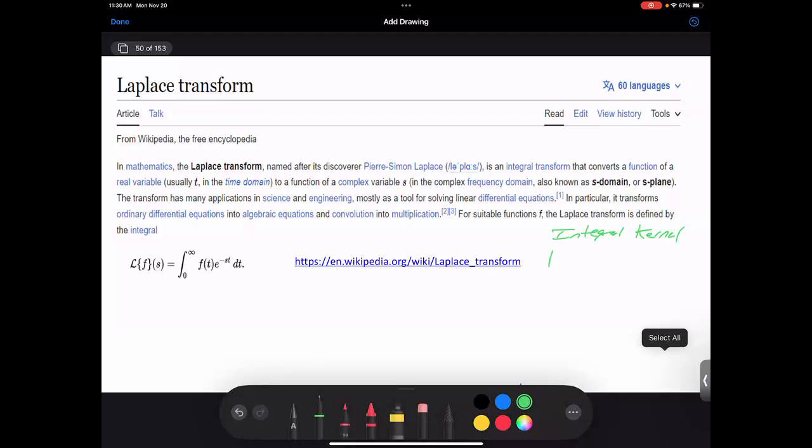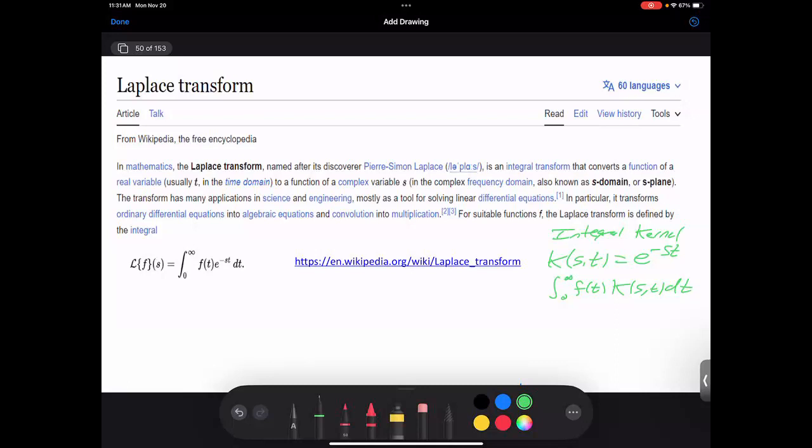And here, my integral kernel k of s,t is e to the negative st. So what I really have is the integral from 0 to infinity of f of t k of s,t dt. We've seen stuff like this before when we did the approximations to the identity, when we did Fejér, when we did Dirichlet. There we had kernels that depended only on the difference of the two variables. Now I have a kernel that depends just on their product.